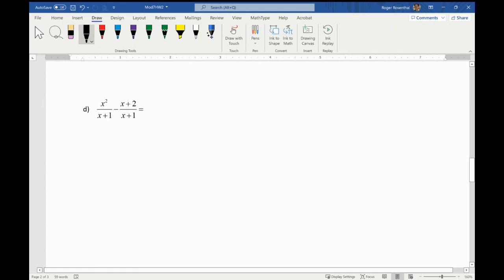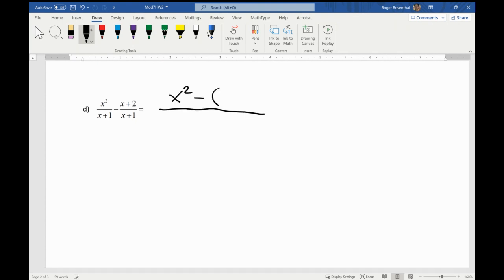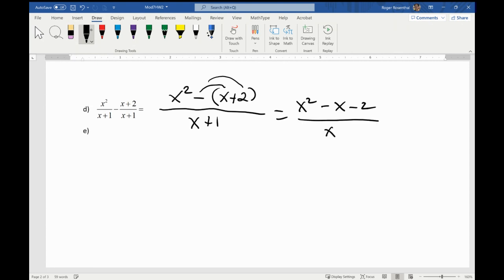Okay, this one here, same idea. You're going to have x squared minus, in parentheses, x plus 2 all over x plus 1. It's going to give you x squared. The minus will distribute, giving you minus x minus 2 all over x plus 1. But now the question is, can you reduce this thing?